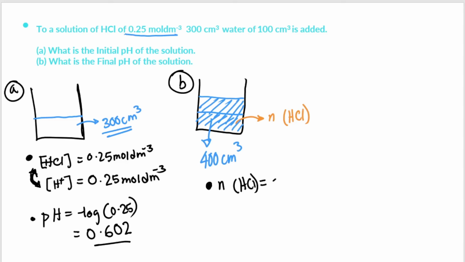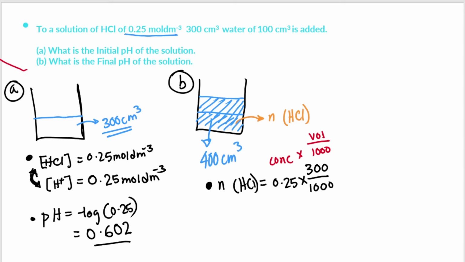We can find it to be 0.25 times 300 by 1000, which is concentration times volume by 1000, because this volume is given in centimeter cubes.